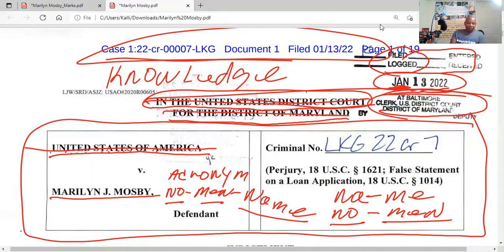But anyway, if we look at this, we see that this is not the woman, warm blood woman, Marilyn Mosby. And as a matter of fact, one of the reasons, other than what I've just explained, is because of this. That is not her full legal name. That is not included in her full legal name. I don't even know if that initial is actually her middle initial, right, representing her name.